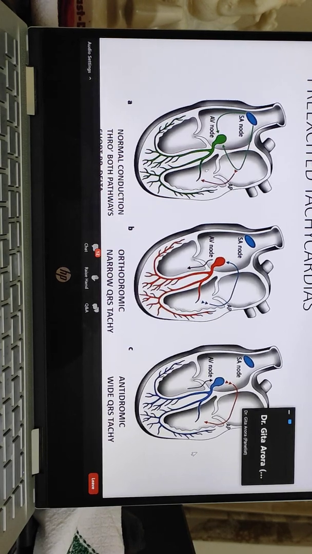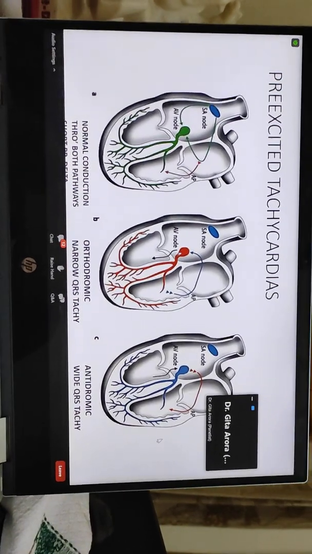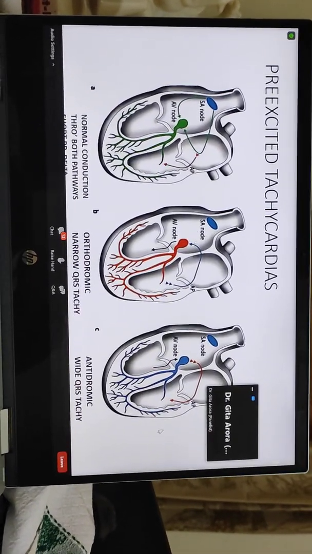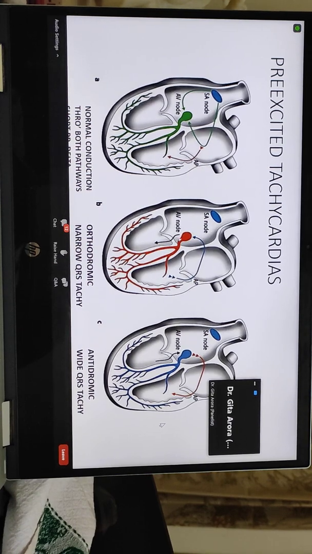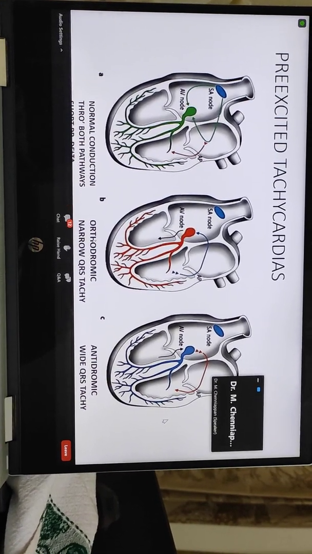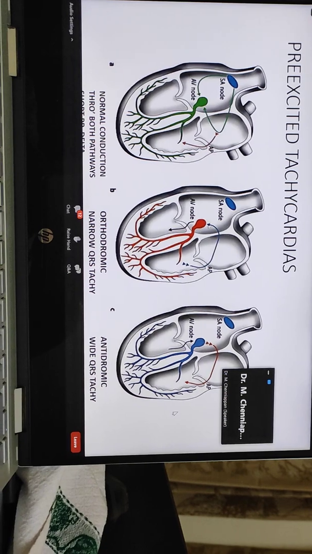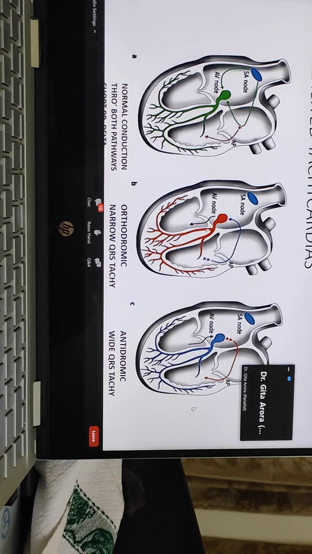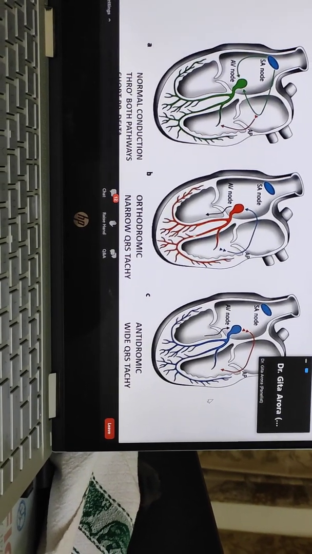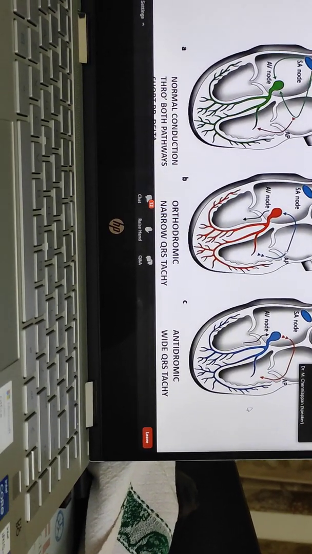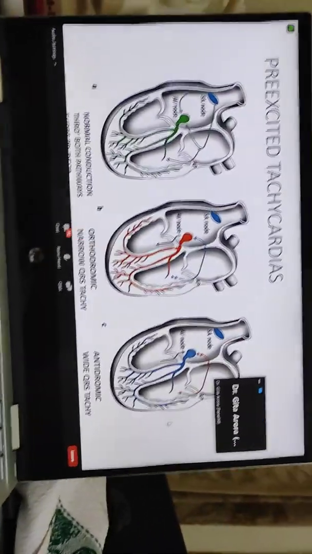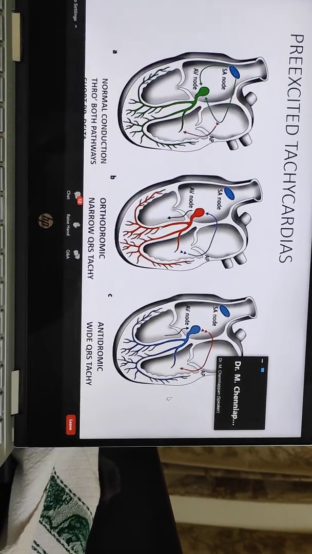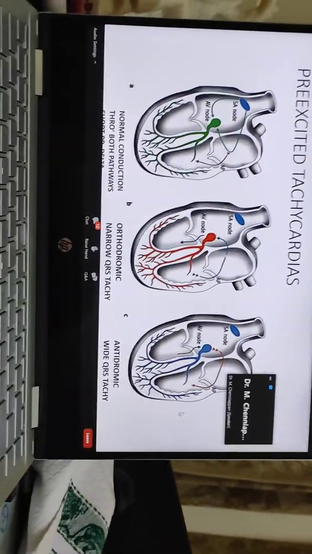But what happens in a re-entry tachycardia is that a re-entry circuit is established because of a premature beat which blocks one of these pathways. So in an orthodromic tachycardia, you have a re-entry circuit here. The antegrade conduction happens through the normal conduction system and the retrograde conduction happens through the accessory pathway.